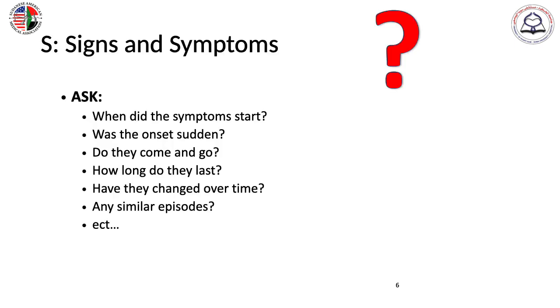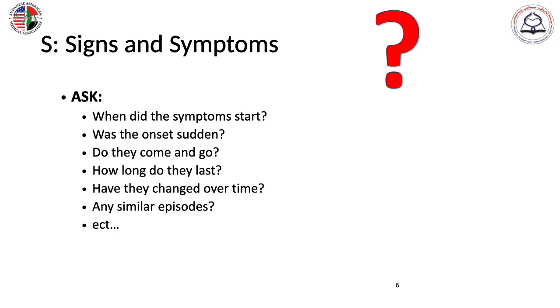In SAMPLE history, we ask about S for symptoms and signs, A for allergy, M for medication, P for past medical history, L for the last time the patient has taken anything orally, and E for the events and circumstances surrounding. For signs and symptoms, ask: when did the symptom start? Was the onset sudden or progressive?